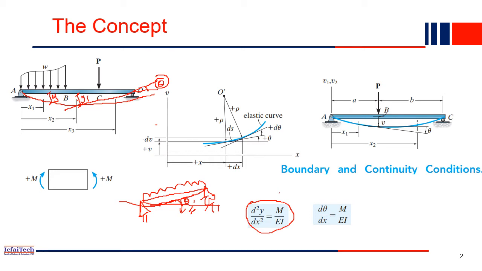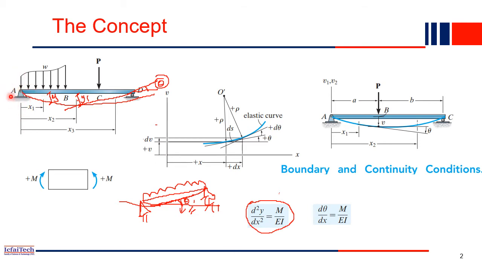Another very important thing is the slope. If you recall, in the last lecture we discussed what could be the slope for different support cases. This is a hinge support, right? Hinge support means it has two reactions, one vertical reaction and one horizontal reaction.